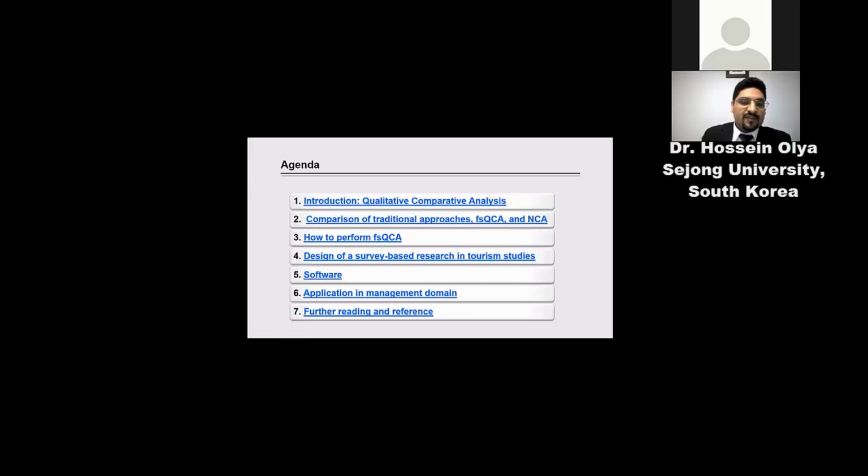Then I will introduce the software that participants can use to apply these new approaches. I will also provide some areas of management studies where this innovative approach has been applied, and some directions for future studies where there is little research, which increases the contribution of their study, and they will have more chance to get their work published in serious journals.